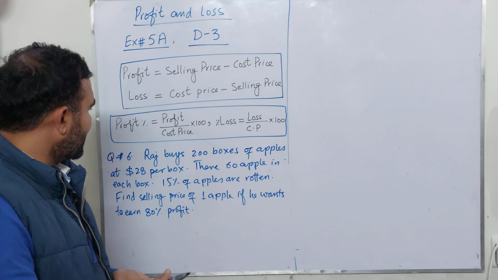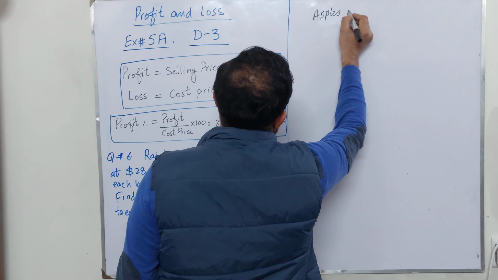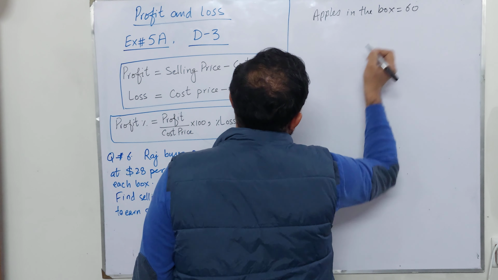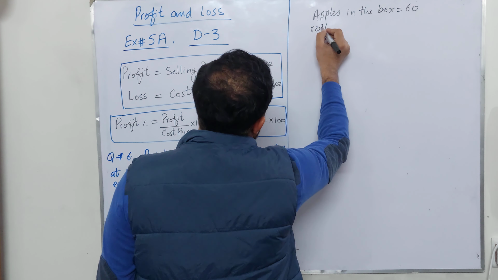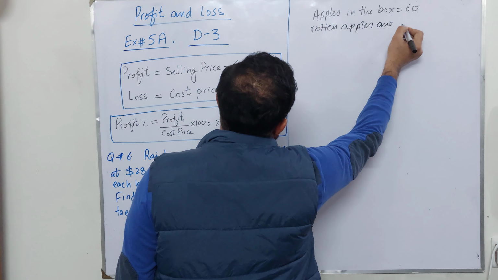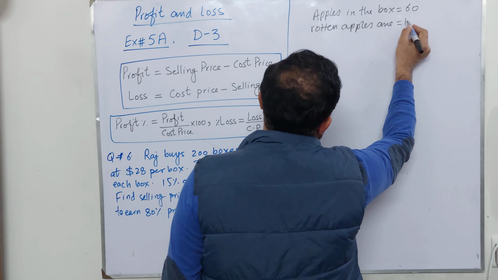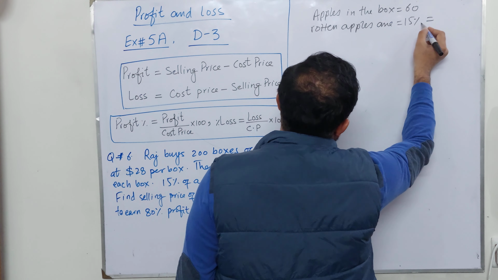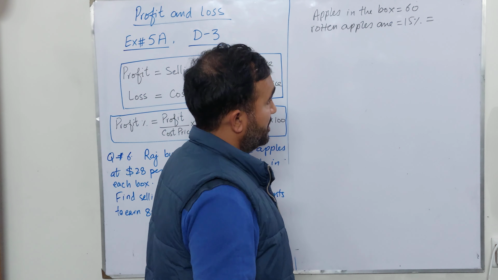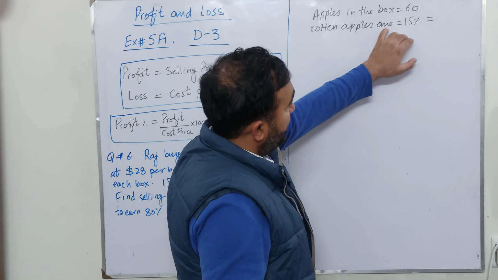So the box contains 60 apples, so apples in the box is equal to 60, and rotten apples are 15%. Okay, so we need to find how many apples will be rotten if 15% are rotten in a box of 60 apples, right?